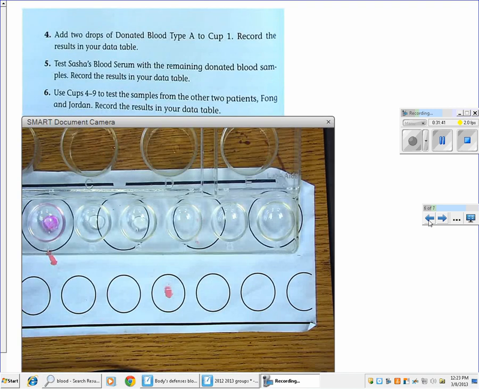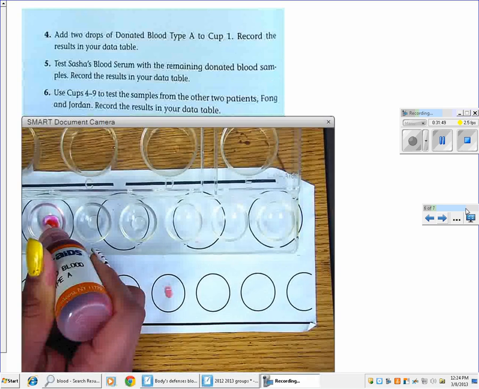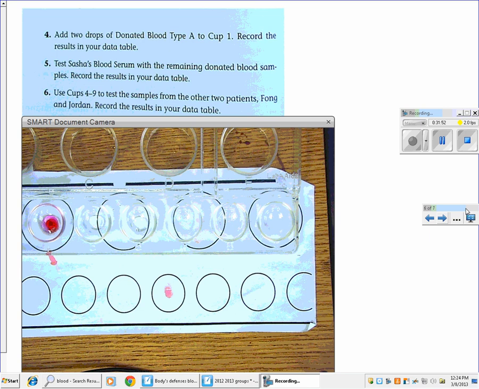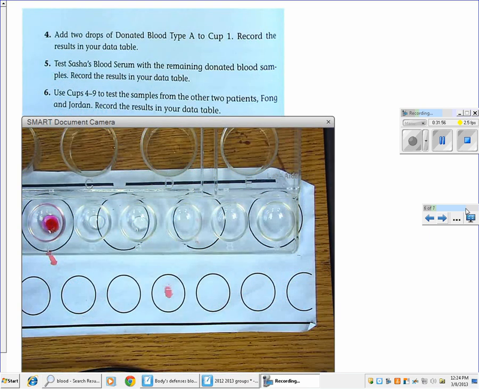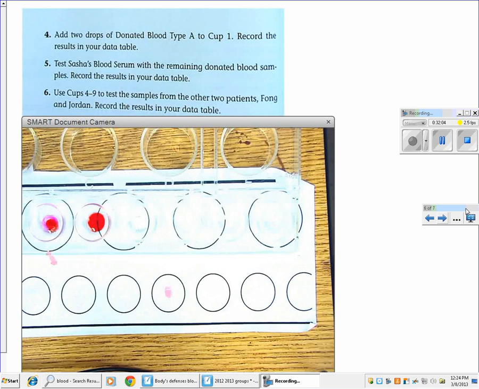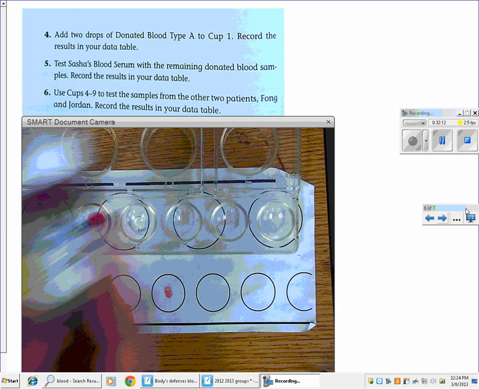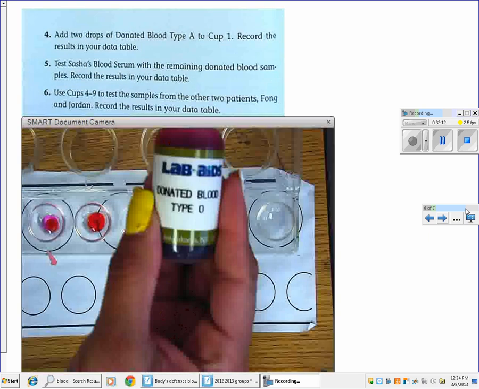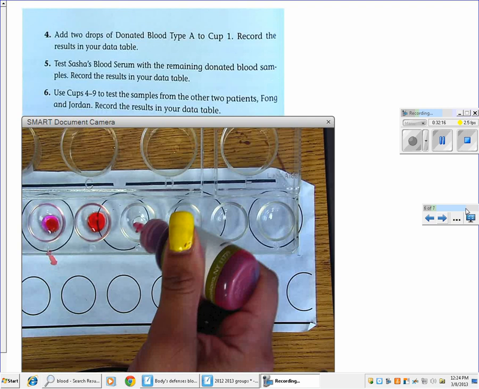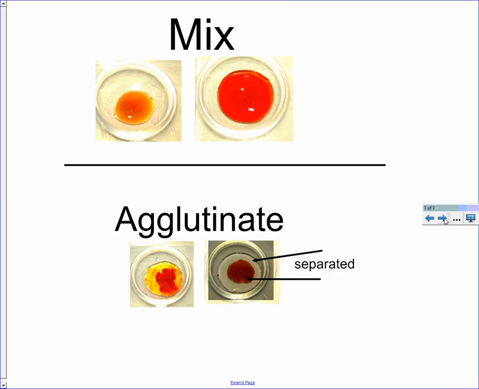Going to do blood type A. Blood type B. And blood type O. Here again is a picture of if it mixes or clumps.